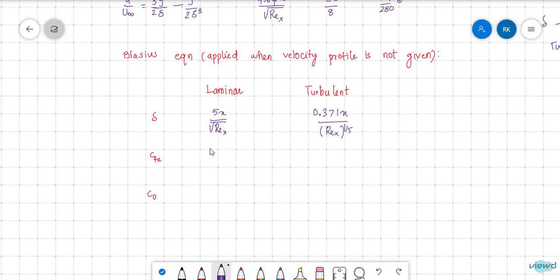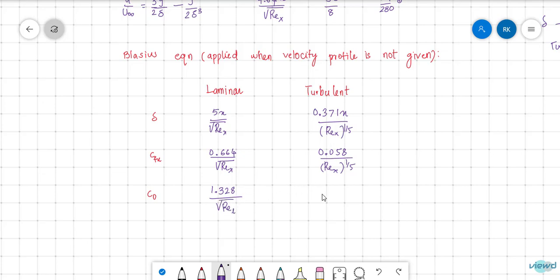Then next is CFX, that is 0.664 divided by root REX, at x, Reynolds number. And this is 0.058 divided by REX power 1 by 5. Next, CD. What is CD? Average drag coefficient. So 1.328 divided by under root of REL.